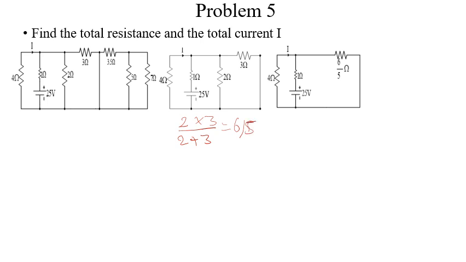Let me write it well. Which is equals to 6 over 5 ohms. So after doing that, we will now redraw our circuit again, and after redrawing our circuit, what do we realize? We realize that this 4 ohm and this 6 over 5 we just found are in parallel.